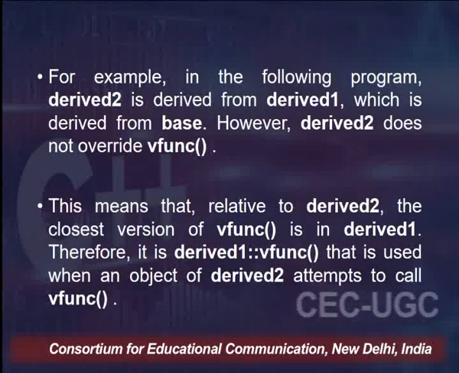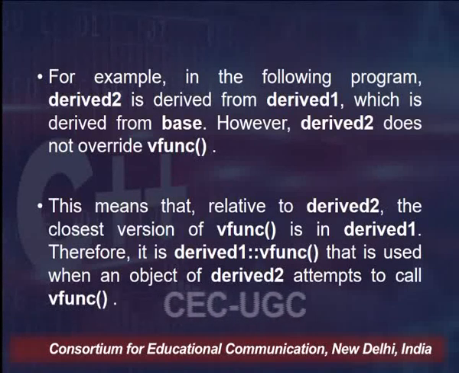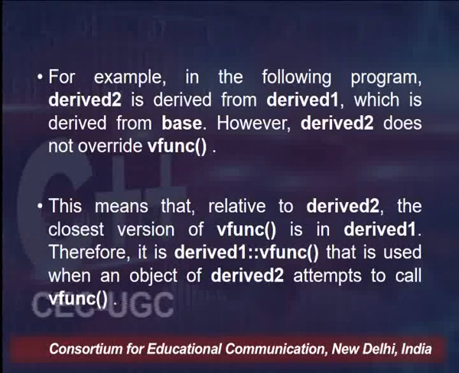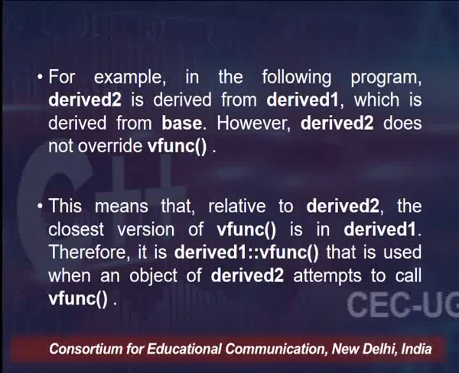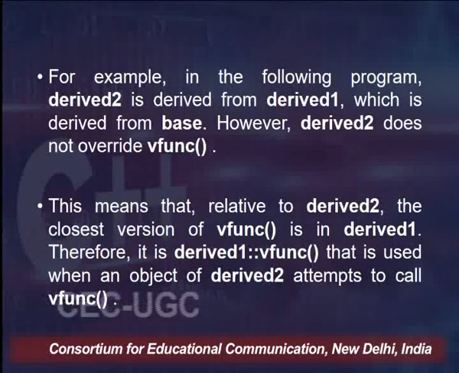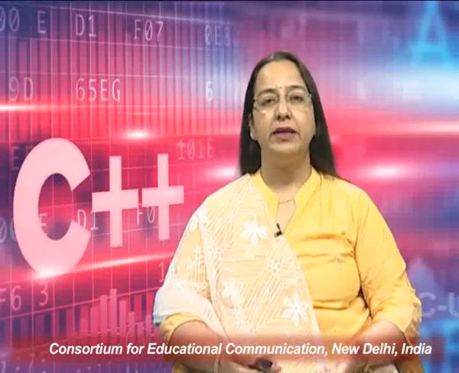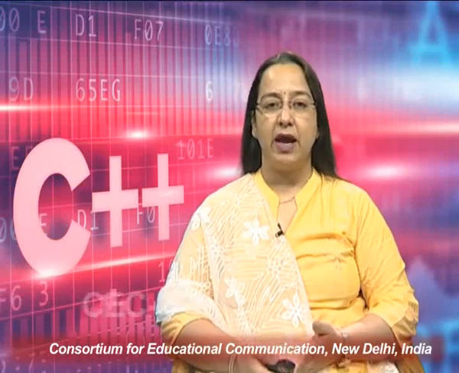So derived 1 is inheriting base and derived 2 is inheriting derived 1, and a similar situation happens: derived 2 does not override vfunc. This means that relative to derived 2, the closest version of vfunc is now available in derived 1 instead of the base class, because derived 2 is not inheriting the base class, instead it is inheriting derived 1.